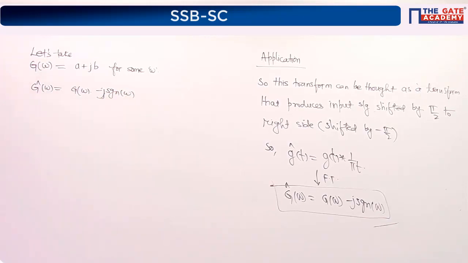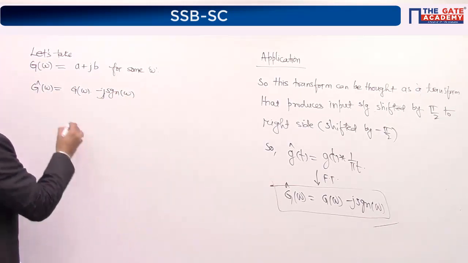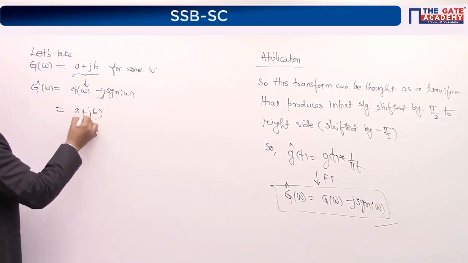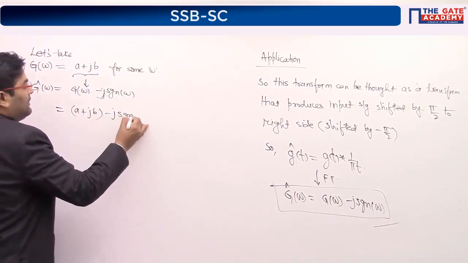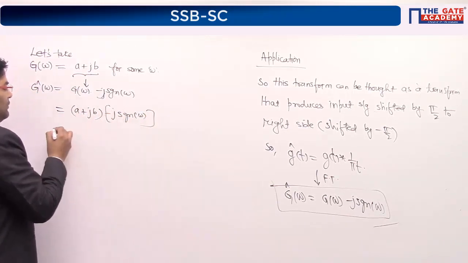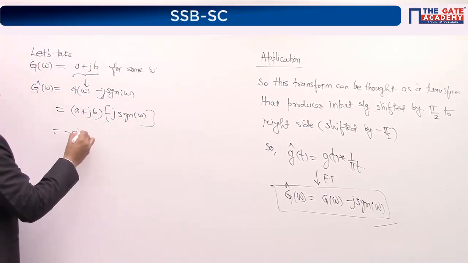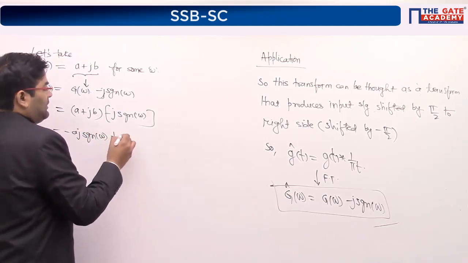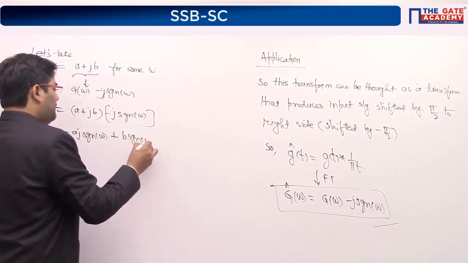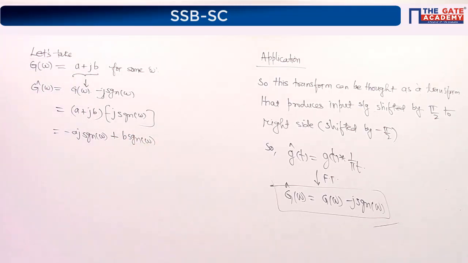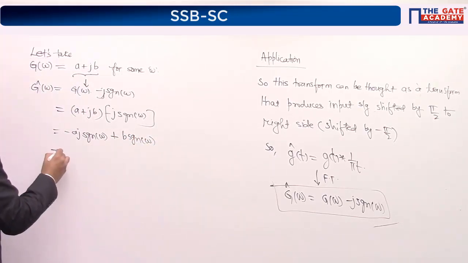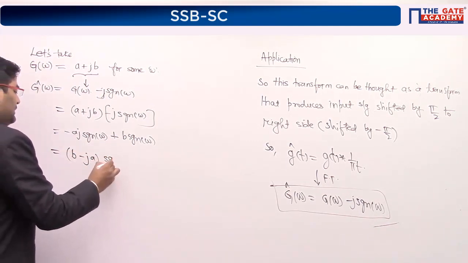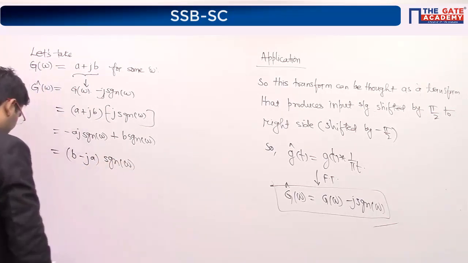Feeding this in, you write a plus jb times minus j signum omega. Multiplying these two, you get minus aj signum omega plus b signum omega. Taking signum omega common, it is b minus ja times signum omega.